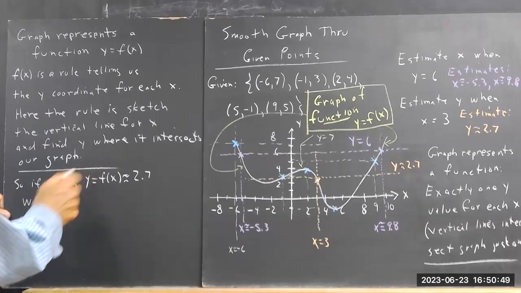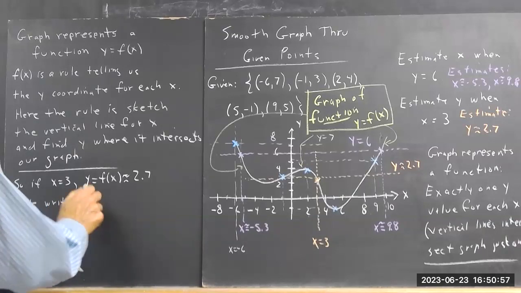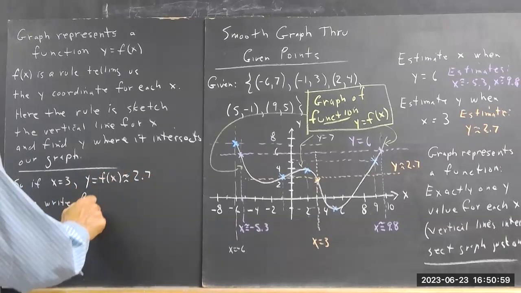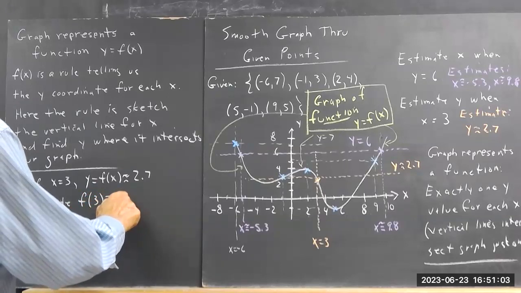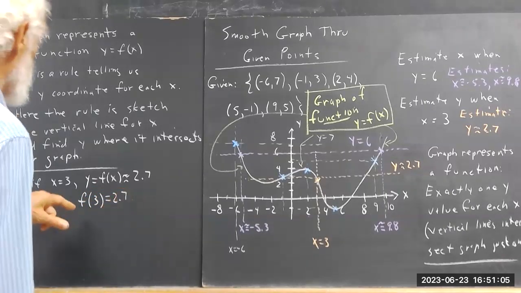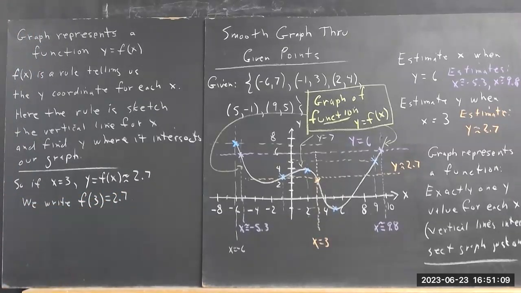Now, since that's our estimate, since x was 3 when y was 2.7, we write f of 3 equals 2.7. The rule tells us if x is 3, y is 2.7.